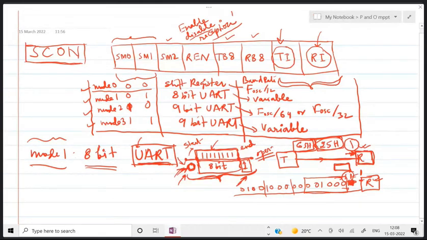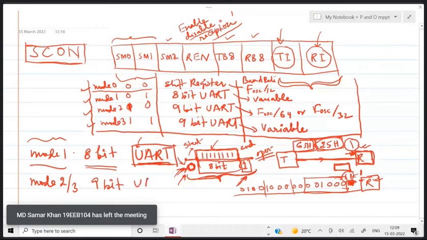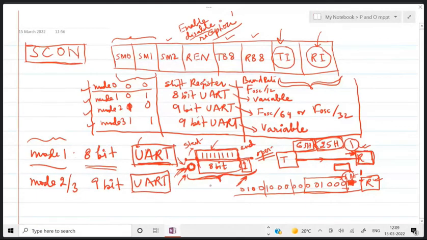That means 10 bits of data are being communicated from the transmitter to the receiver. Similarly, let me talk about mode 2 and mode 3. In mode 2 and 3, 9 bits of data, 9-bit UART, is transmitted.